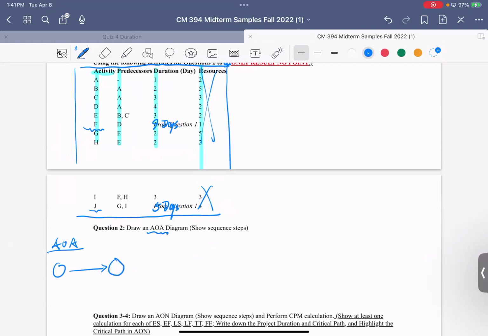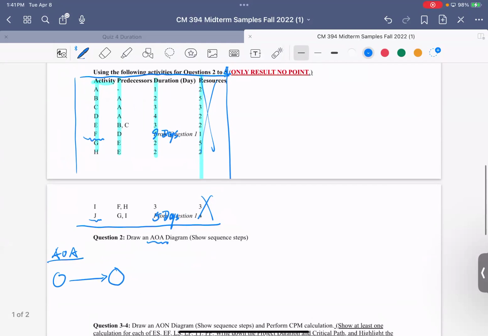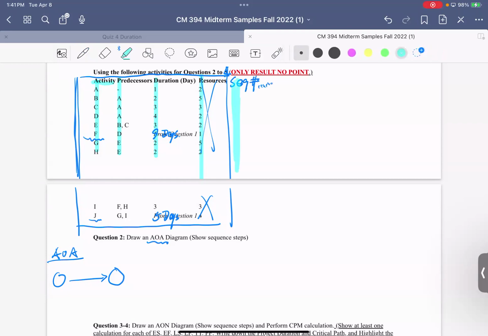So what's the first thing we do if we are given this table? What do we do? If you're given this table, what do you do first? Sequence number, thank you. So we will first do the sequence number, right? So please, when you get in the exam, add in a column called sequence number.